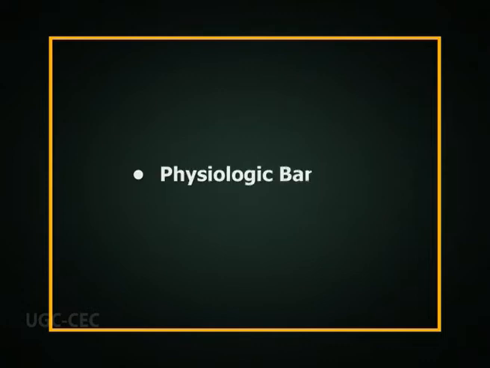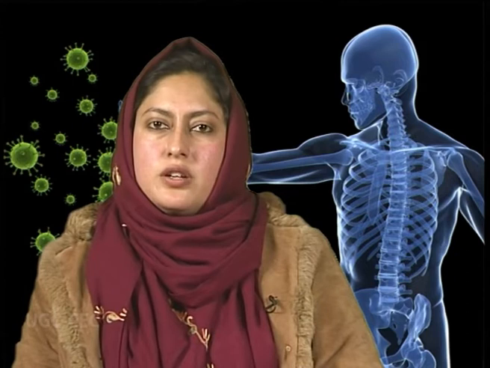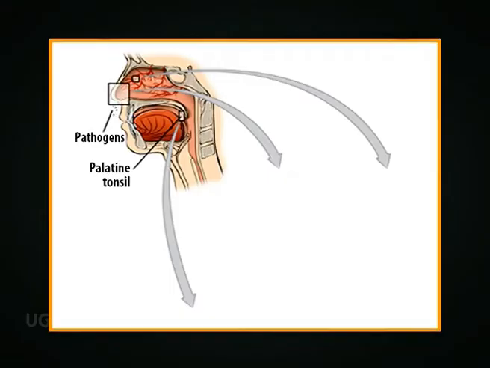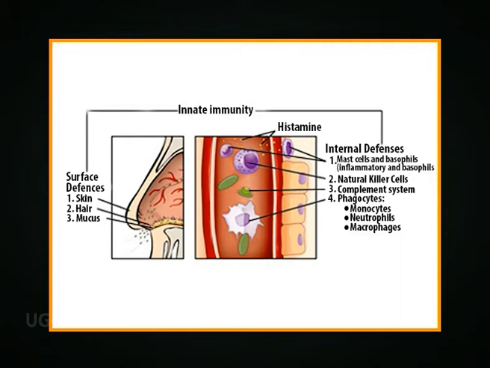First of all, physiologic barriers. Physiologic barriers to infection include general conditions and specific molecules. The physiologic barriers that contribute to innate immunity include temperature, pH, and various soluble and cell-associated molecules.